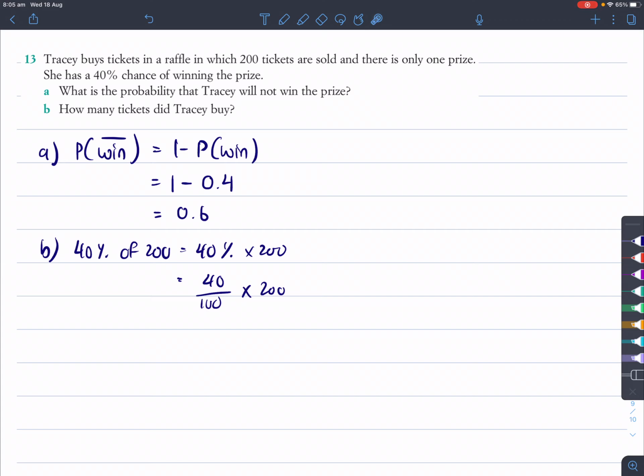If you didn't want to do this with a calculator, you can firstly get 200 divided by 100, then times by 40. So 200 divided by 100 is 2, times 40 will be 80. So there are 80 tickets that Tracy bought, and that gives her a 40% chance of winning that prize.